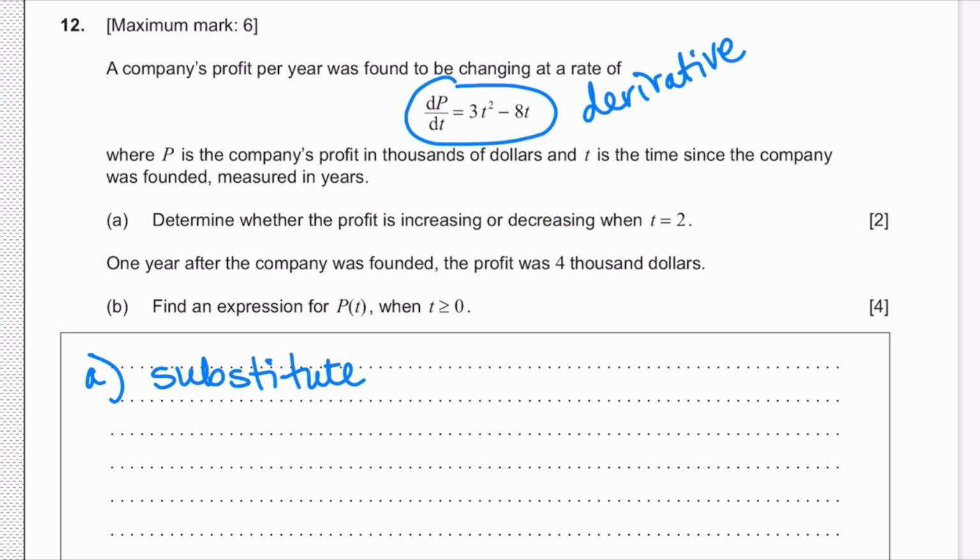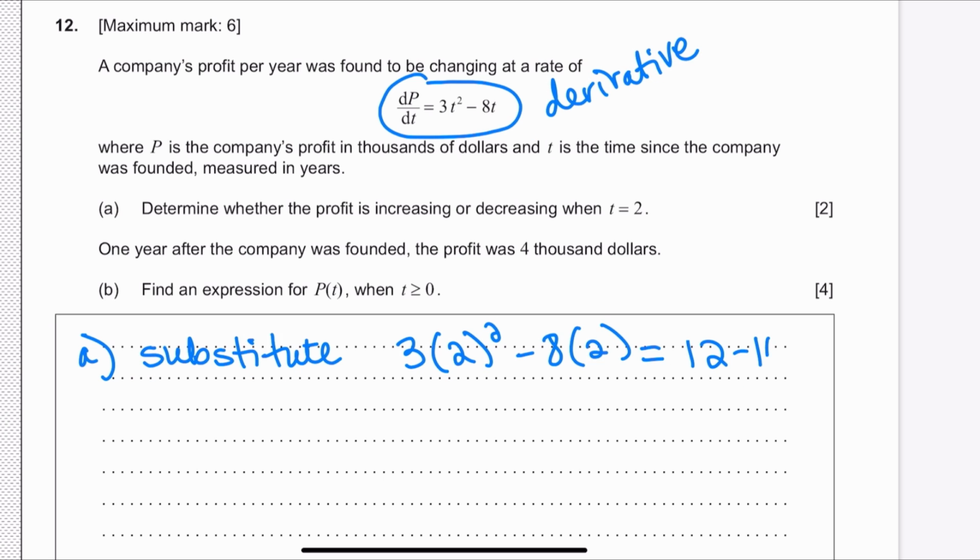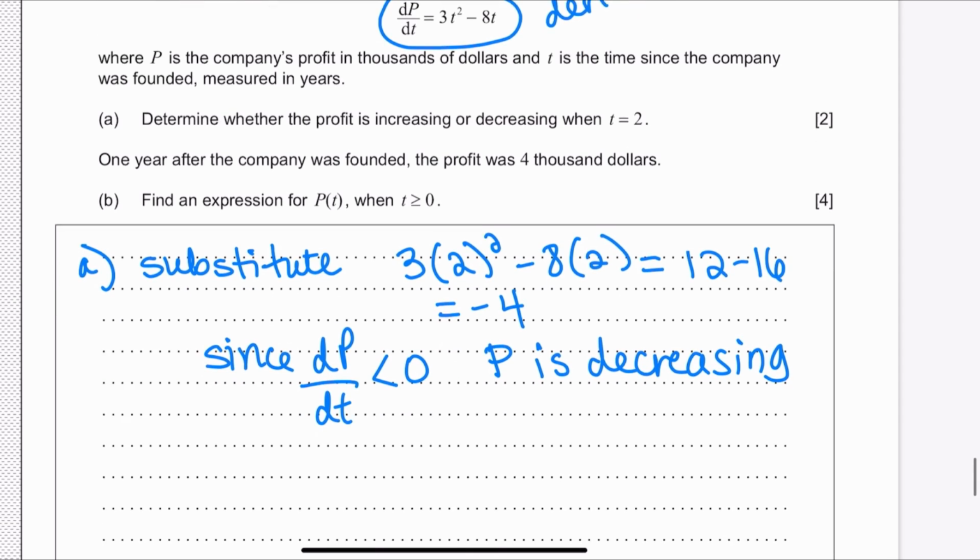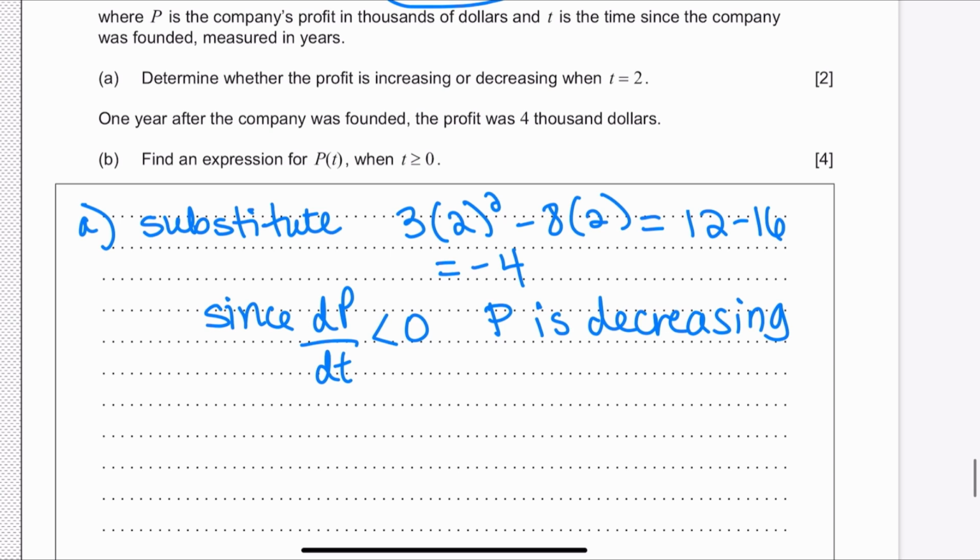So if I go ahead and substitute, I get 3 times 2 squared minus 8 times 2, which is going to be 12 minus 16, which is equal to negative 4. So because the derivative is less than 0, since dP/dt is less than 0, then that means that P is decreasing.